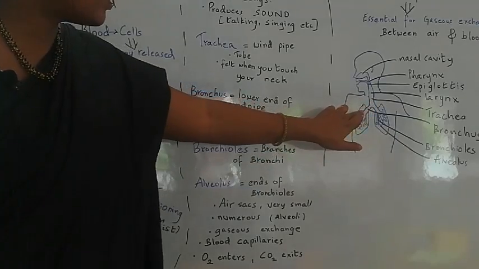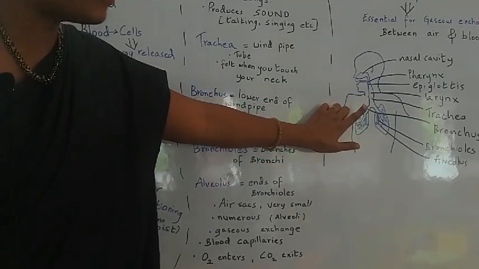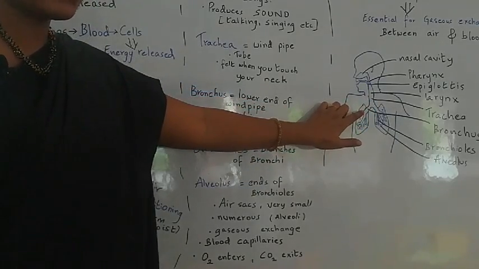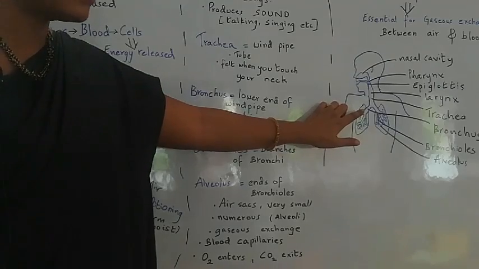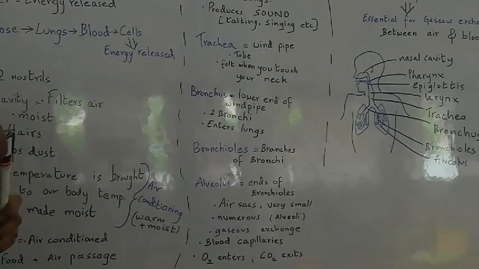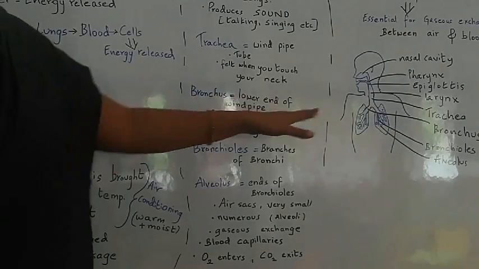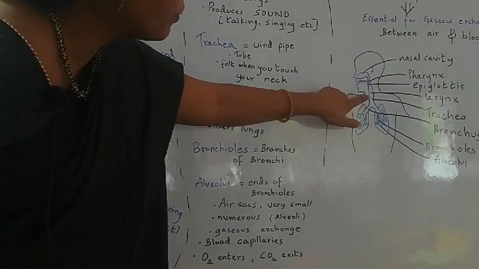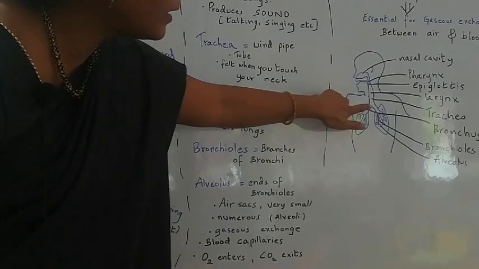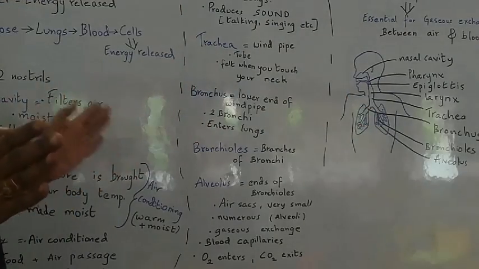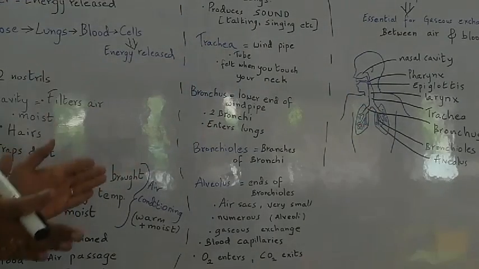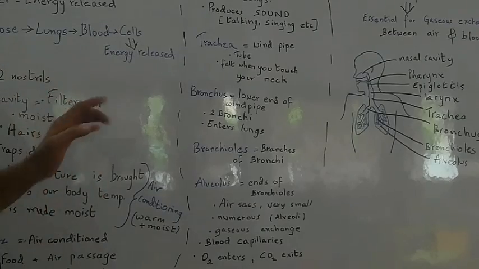If we are denoting one particular bronchus, we use the word bronchus, that is the singular word. Now, as the word tells you, bronchus is the lower end of the windpipe. Windpipe is trachea, the lower end got divided, it branched into two branches, that means two bronchi.